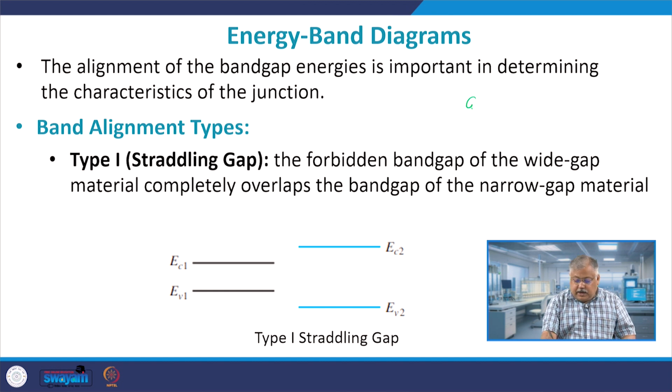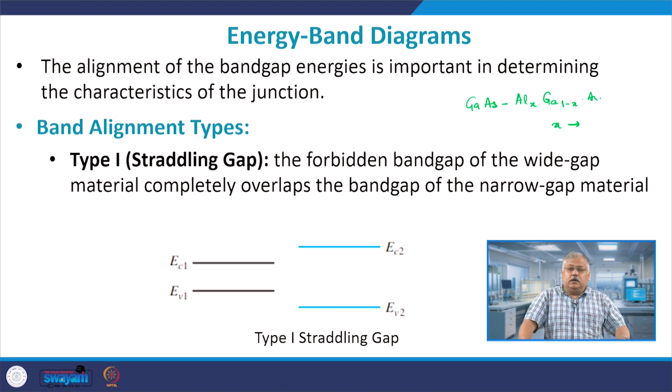Let us suppose you take an example like gallium arsenide and aluminum gallium arsenide, and say X is varying from 0 to 1, right. This varying of X will change the band gap slightly along the side, and as a result there will be a smooth change in the band gap.